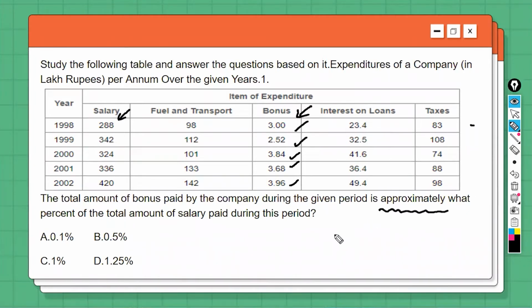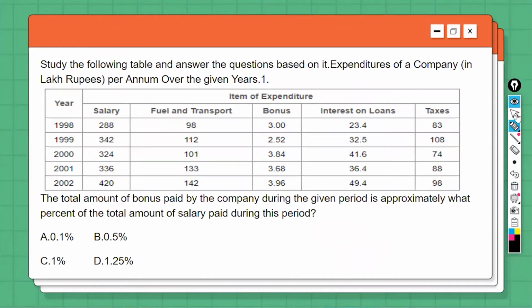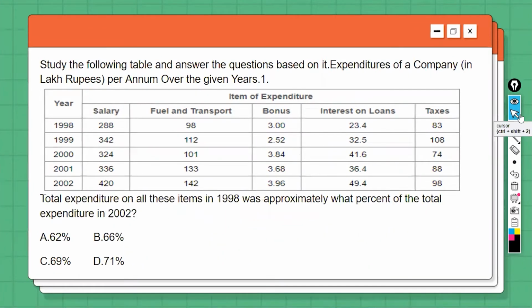Other than that, there is no need of a shortcut to find 17 is 1% of 1700. So writing this is the complicated part. After this, things are easy for everyone. Getting my point, guys? Yes, no? Okay. Yeah. So try solving this question.